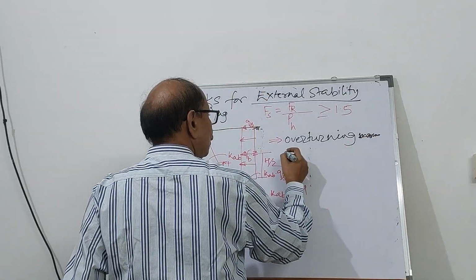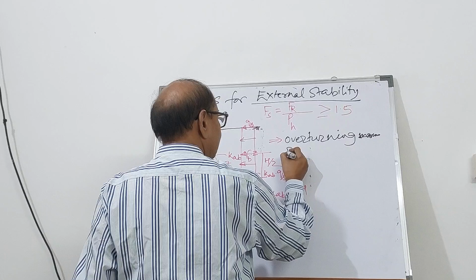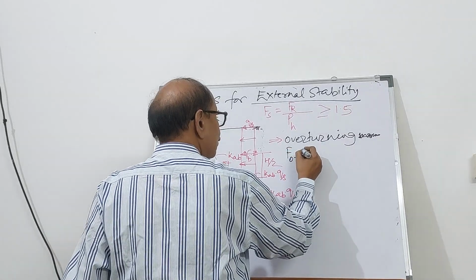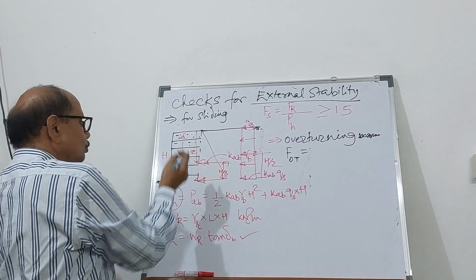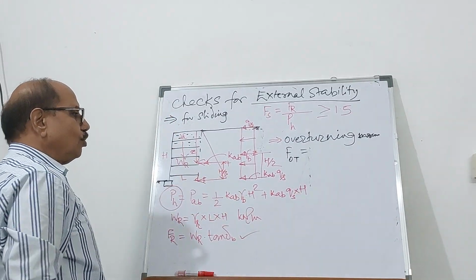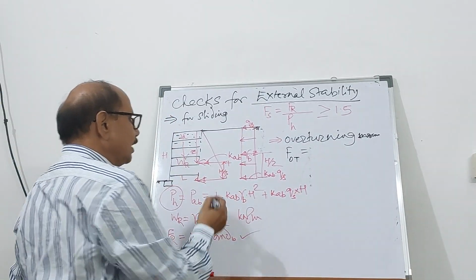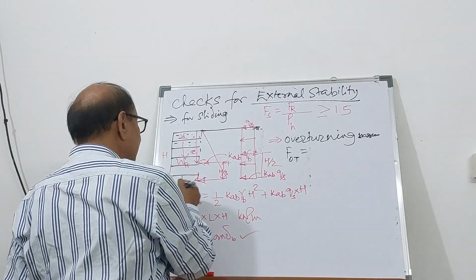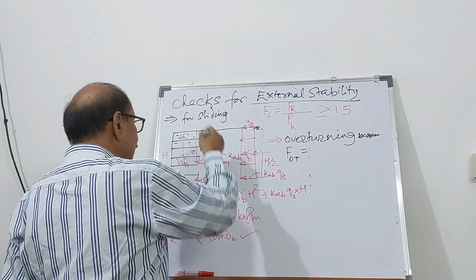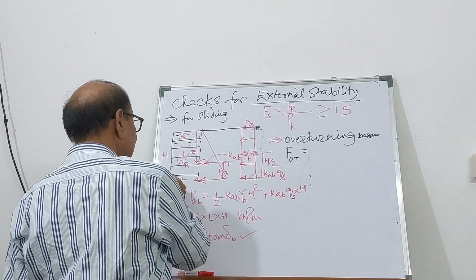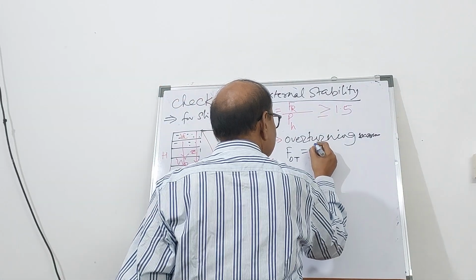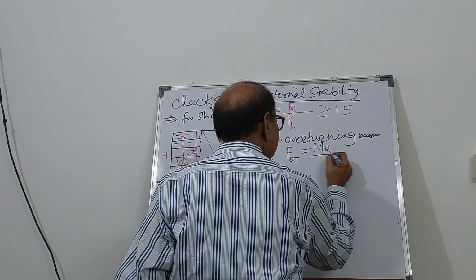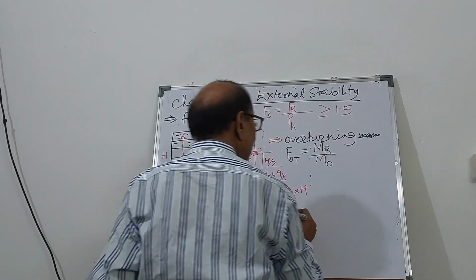Overturning, OT. So factor of safety against overturning will be, this will try to overturn it. So you can find out the resisting moment, this weight will try to resist it. About this point, if you take the moment, the resisting moment divided by overturning moment.